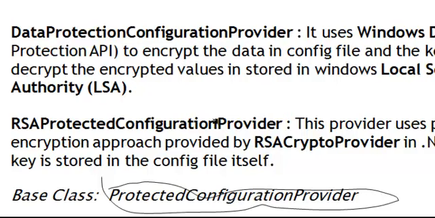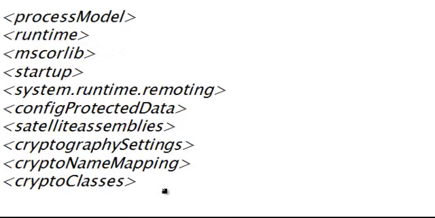If you want to create your own provider, just go and implement this base class. In this base class we have two abstract methods, Encrypt and Decrypt. Just override those abstract methods in your custom provider. At the end we will cover the custom provider option as well in this demo.